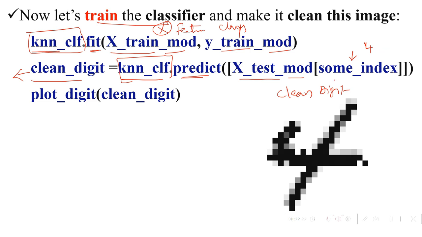Then plot_digit displays the clean_digit. So like that we find out the multi-output classification problem.